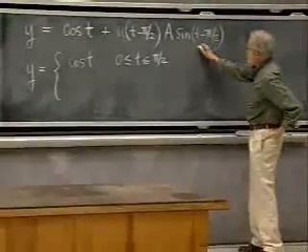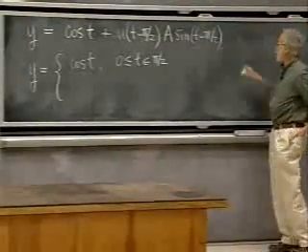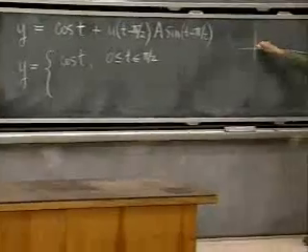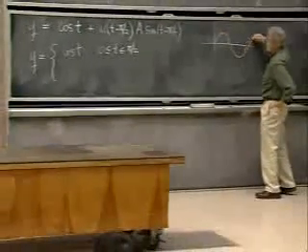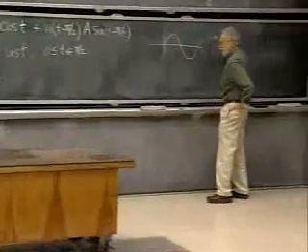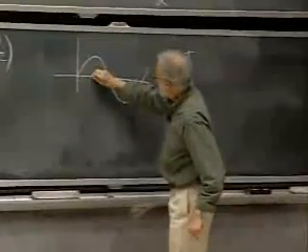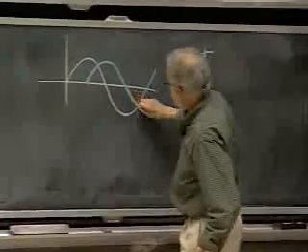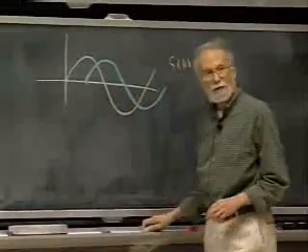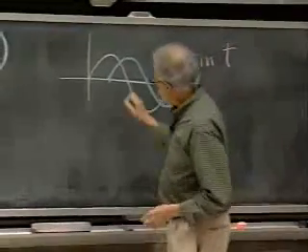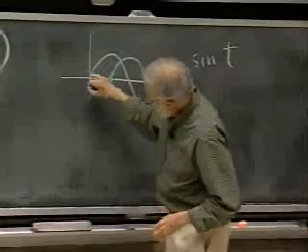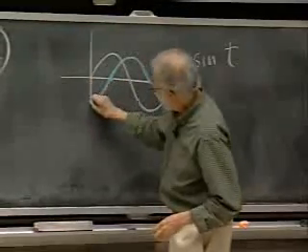Now, what's that term? What is the sine of t minus pi over 2? The sine of t looks like that. The sine of t, if I translate it by pi over 2, and let's finish it up, the piece that was over here moved into position, looks like this.